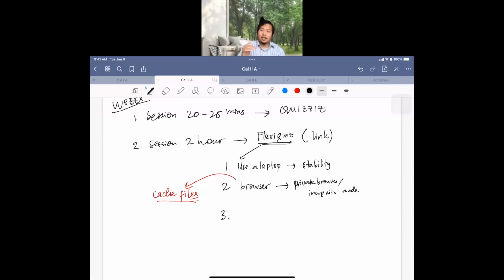Oh, by the way, I will also use this Flexi Quiz in our quiz. I forgot to mention, we still have one quiz, quiz 4 for chapter 14. It's supposed to be this weekend. I will use Flexi Quiz for quiz 4 also, just to try your computer, your browser, and your stability.